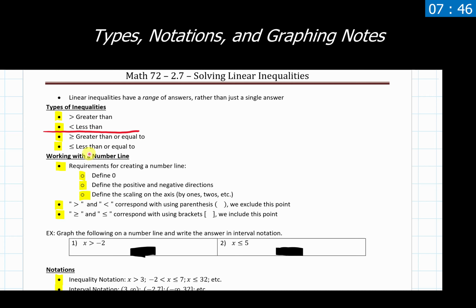In contrast to that, if we have less than or equal to, let's say we have y is less than or equal to -3, then that means y is -3 or any value that's lower than that.